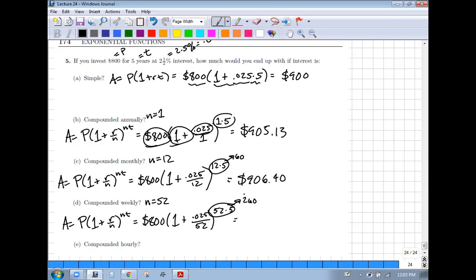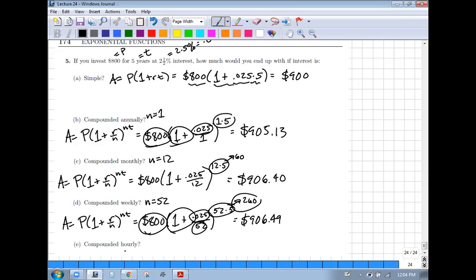So now that I know that, I'll start here. 0.025 divide by 52, add 1, raised to the power of 260, and now multiply by 800. And I get 906 and 49 cents, an extra 9 cents.